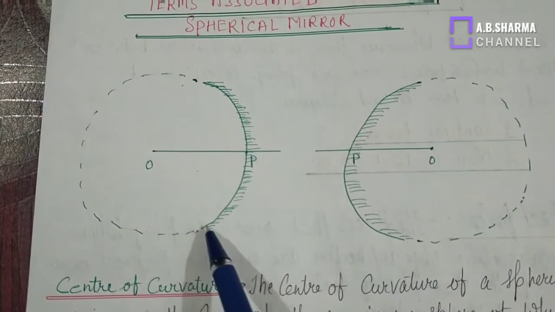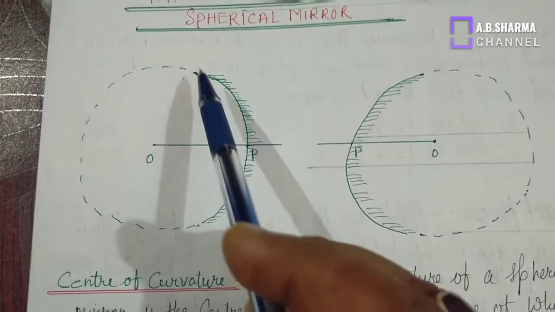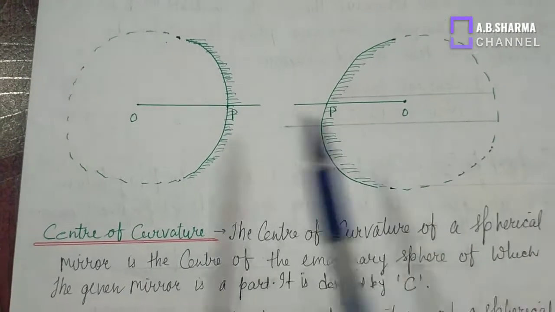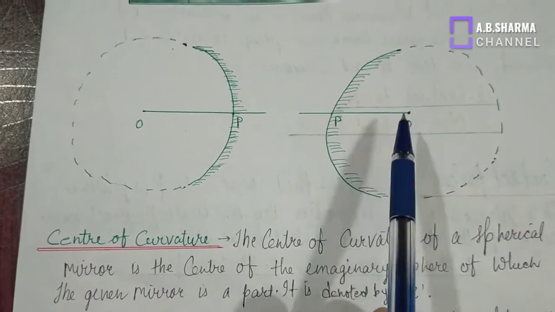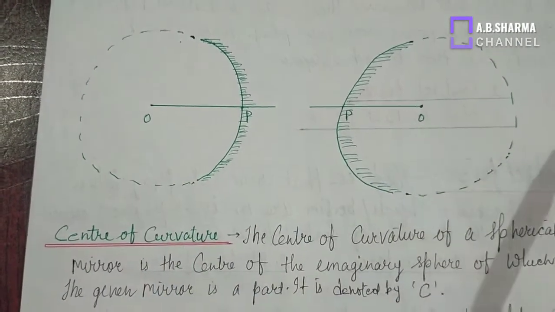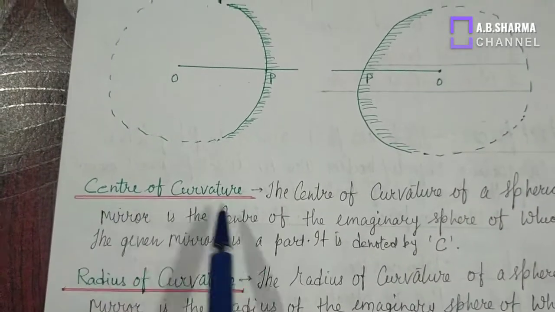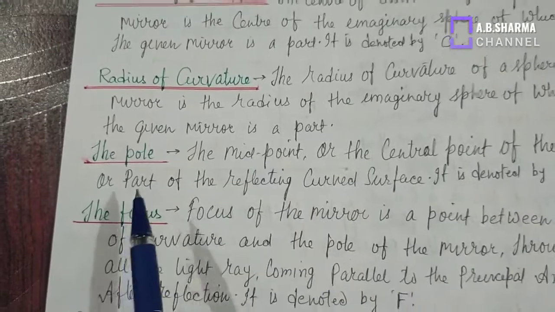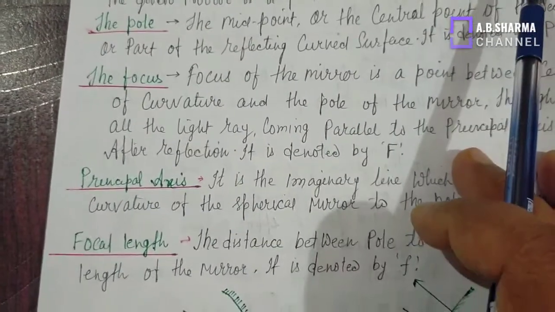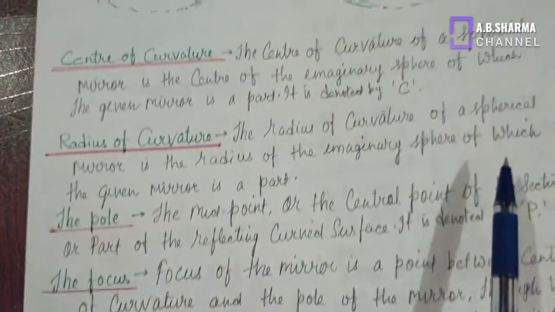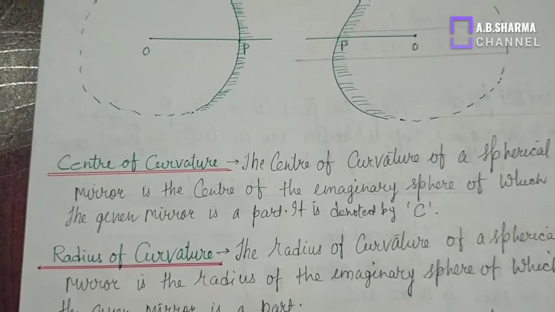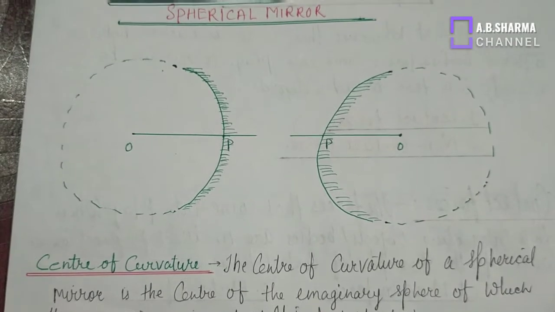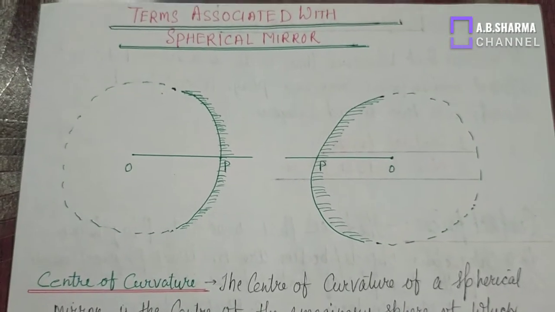When we produce these two lines, we get an imaginary sphere. The terms related to this sphere are center of curvature, radius of curvature, the pole, focus, principal axis and focal length. These are the terms associated with the spherical mirror. Now you will see the explanation of all the terms one by one.